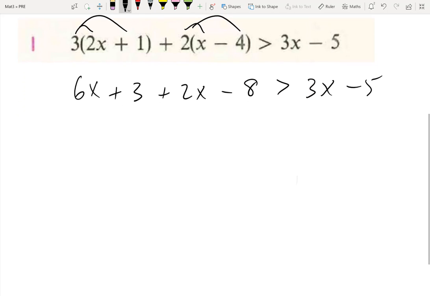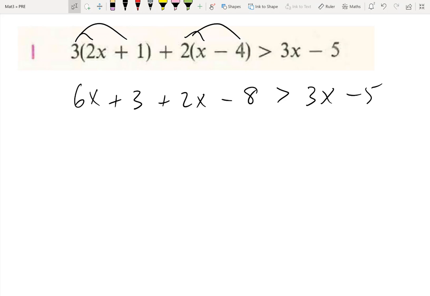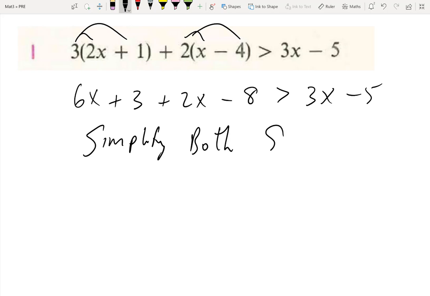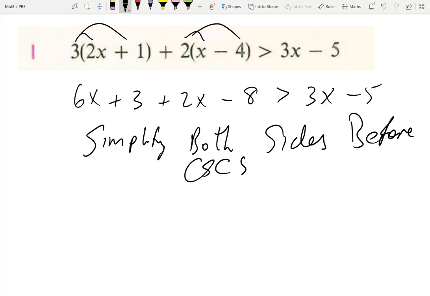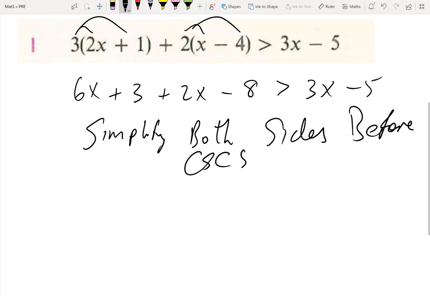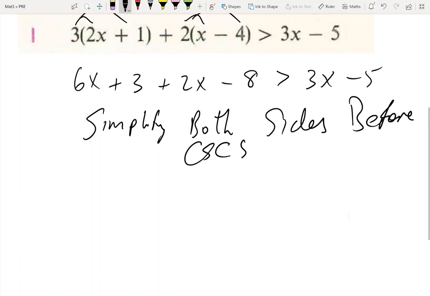Now, that's the first time we've needed to do this, we're going to simplify the left. Always simplify left and simplify right. There's a rule if you like. If necessary, simplify both sides before you start, before change sign. Now you could do change sides to change sign, but then you could end up with a negative if you can't keep track of the scale and the size of the x's.